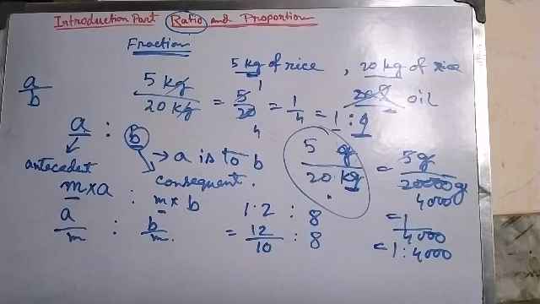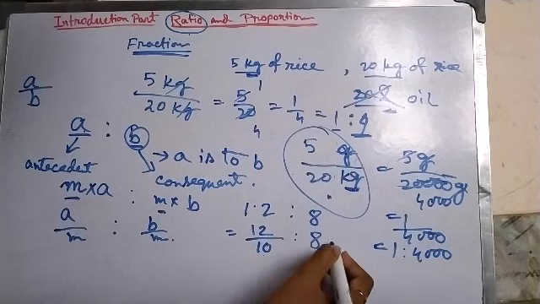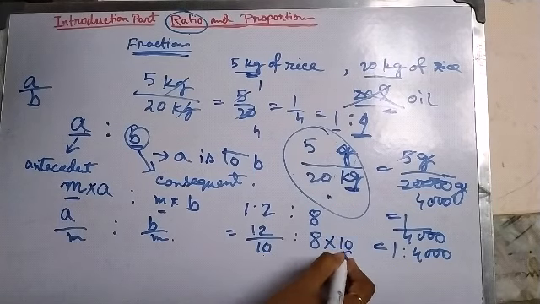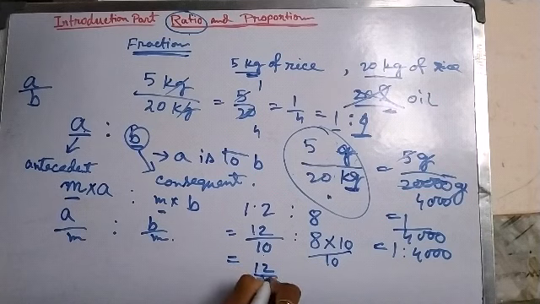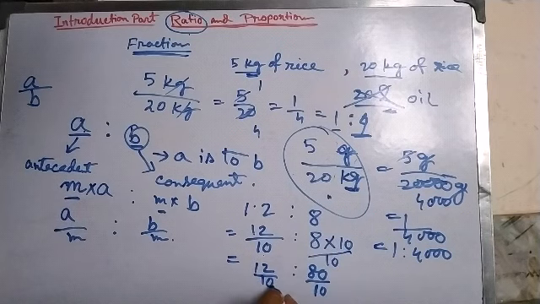Now we have to remove this 10, so we multiply by 10 and divide by 10. Then we get 12 by 10 is to 80 by 10. Here divided by 10, here also divided by 10.